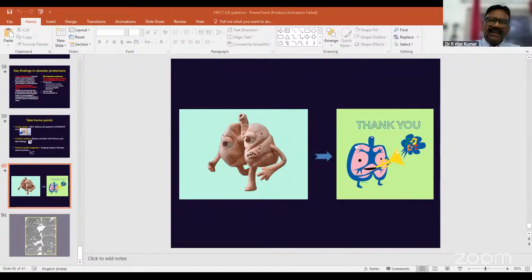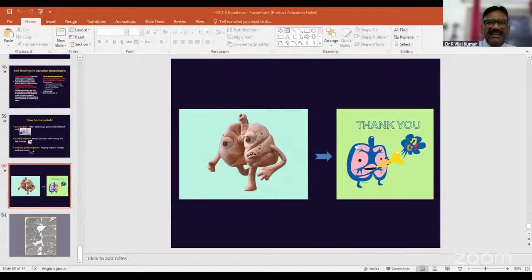I had difficulty understanding the different patterns, but as he mentioned, recognize the pattern, because that gives the diagnosis. And a very important point he mentioned was the context, which is the history.